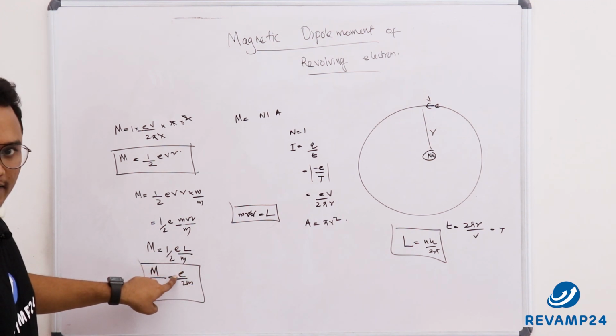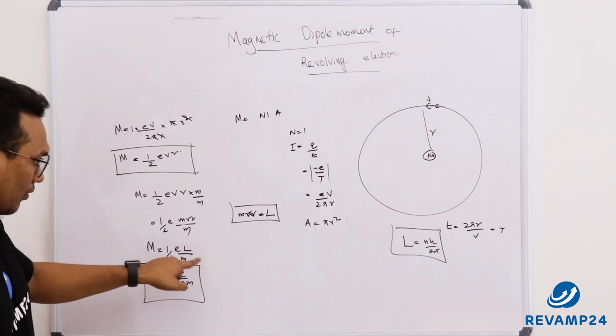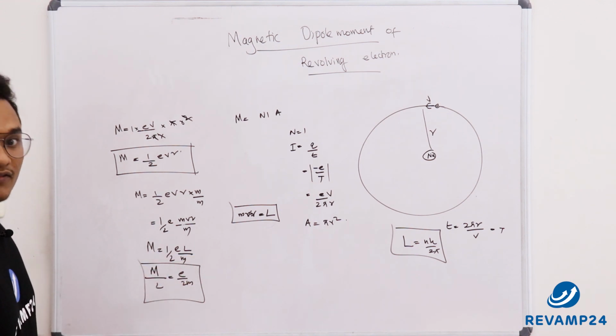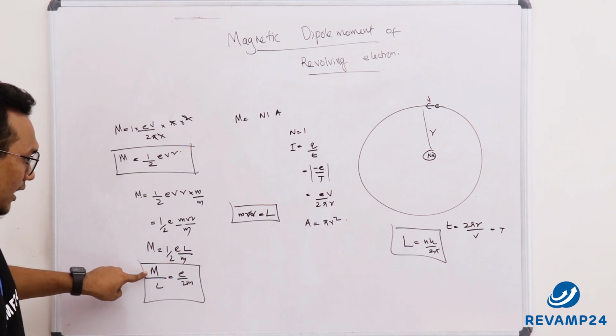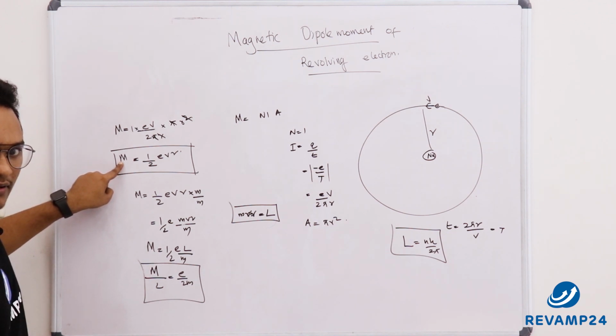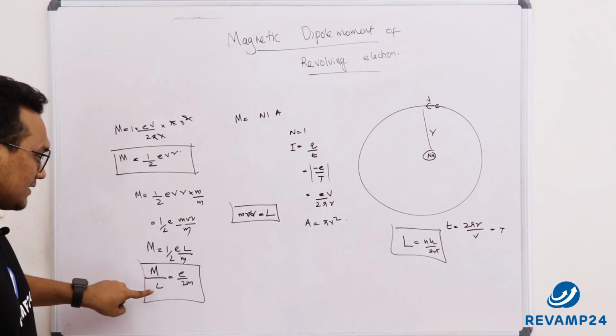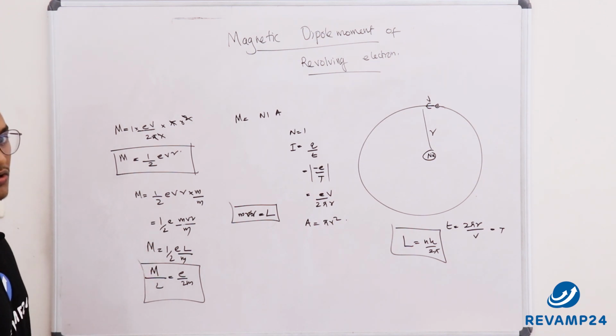e is a constant, right? 2 is a constant, right? m is the mass of an electron. All the things are constant, which means the ratio between M, the magnetic moment of the revolving electron, and L, the angular momentum of the revolving electron, is a constant.